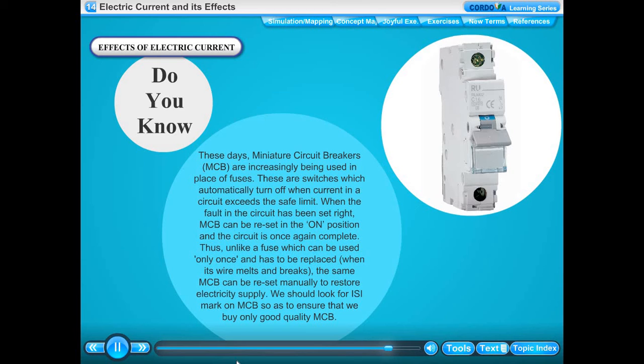Thus, unlike a fuse which can be used only once and has to be replaced when its wire melts and breaks, the same MCB can be reset manually to restore electricity supply. We should look for the ISI mark on MCB so as to ensure that we buy only good quality MCB.